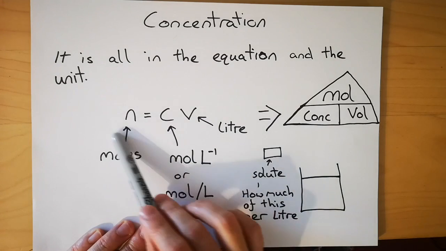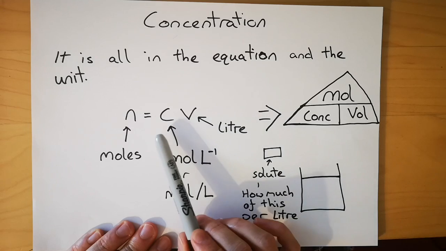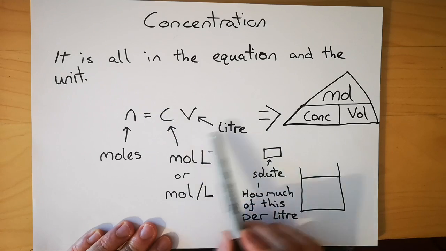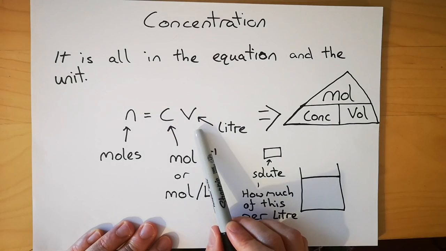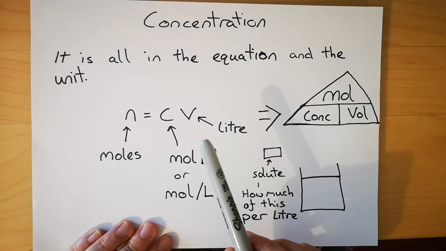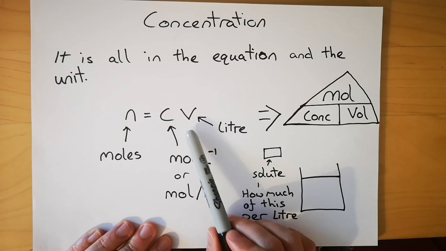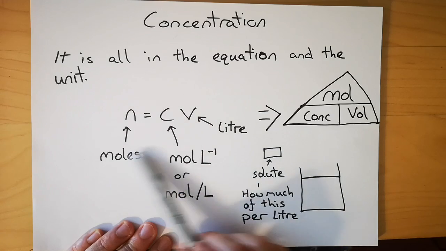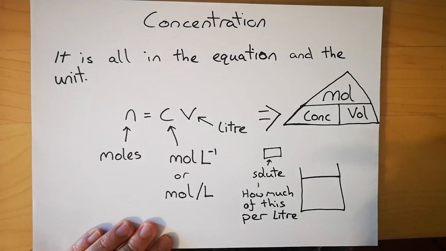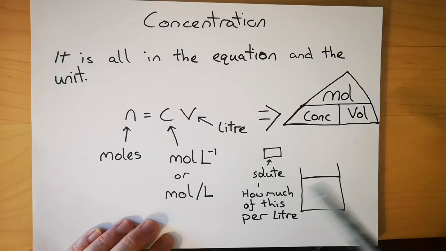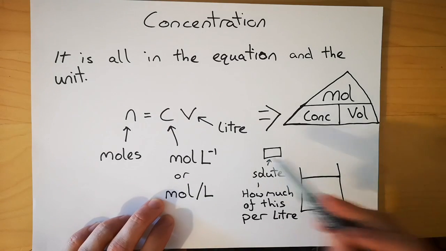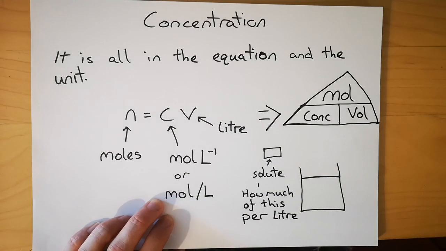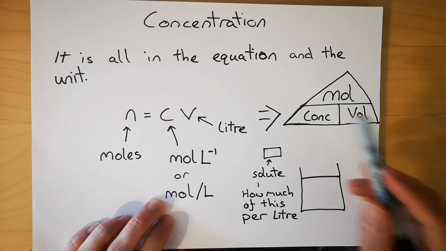So the number of moles we have is equal to the concentration multiplied by the volume. Now, that is not super helpful written like that. What I'll do is show you it as a triangle and why this helps me visualize it a little bit more.